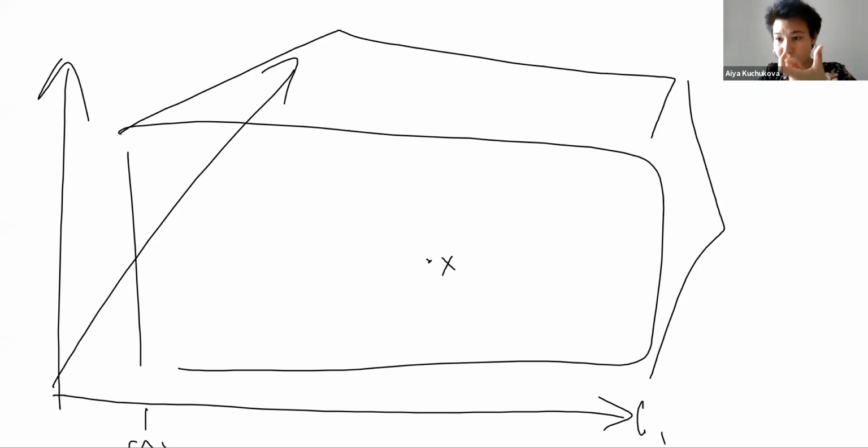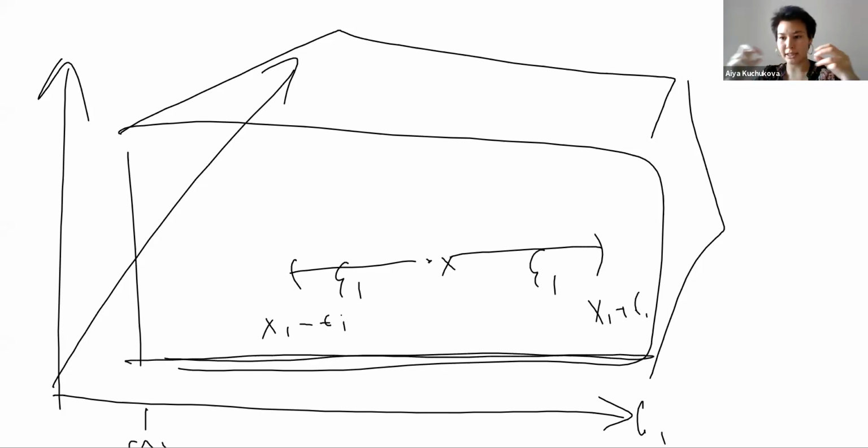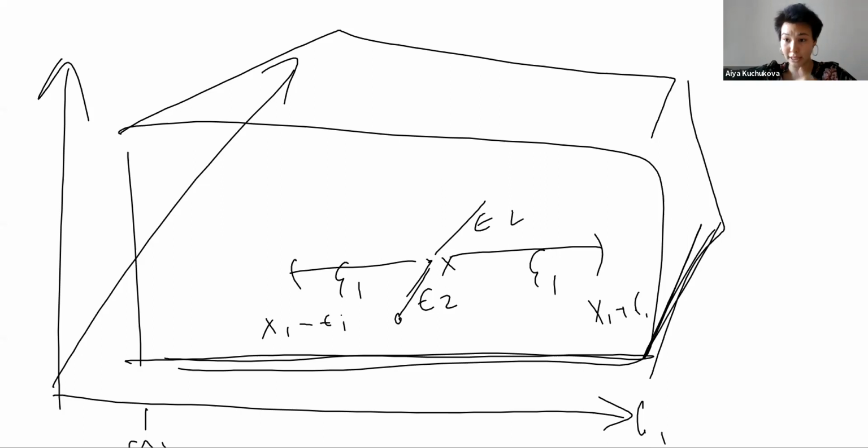First, we want to find epsilon 1 so that x1 minus epsilon 1 and x1 plus epsilon 1 still stays inside of the width of the box, right? And then we do the same for the length. We find some epsilon 2 which is small enough so that it stays within the length of the box, right? And then we do the same with the height of the box.